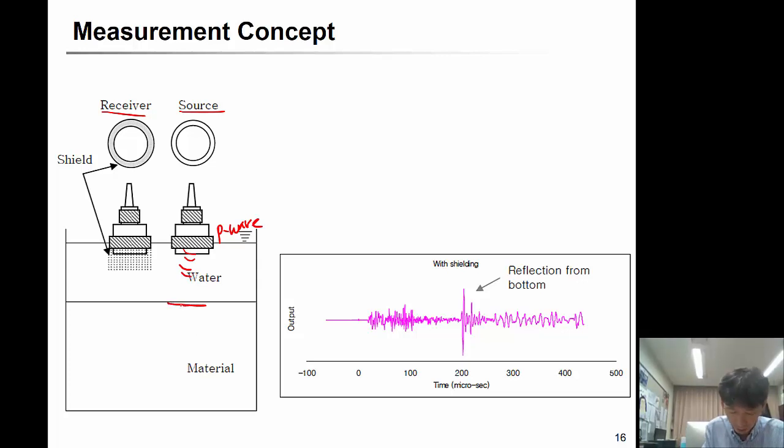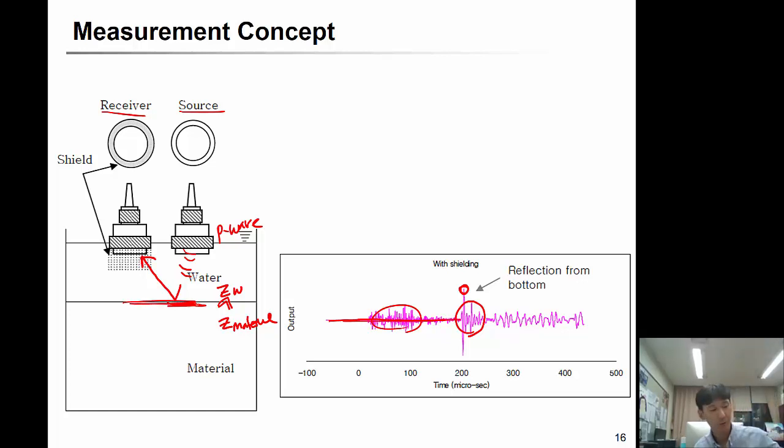And when there's some interface with an impedance mismatch, so here the impedance is much lower than the material, then it will be reflected and captured by the receiver. So you can see that this is just noise, and you get the high reflection from the bottom here. Okay.